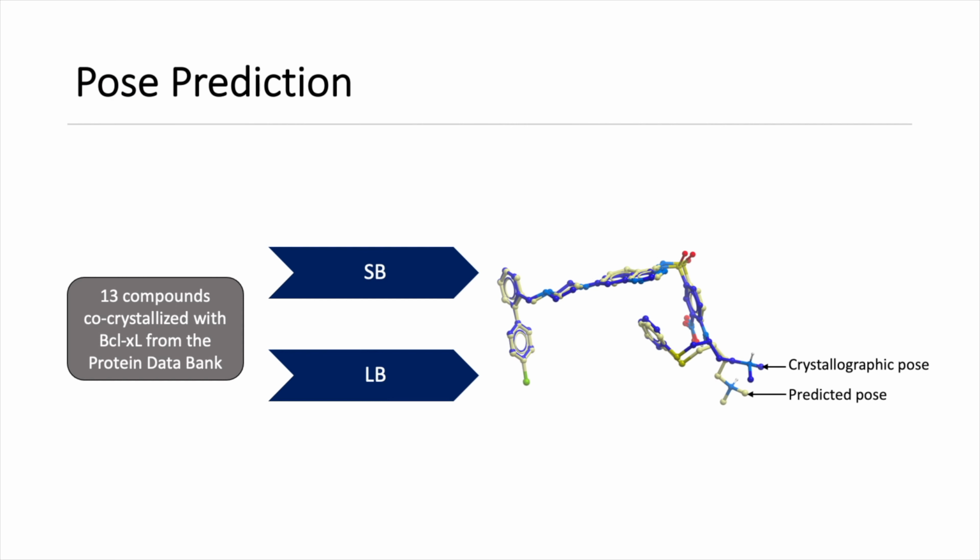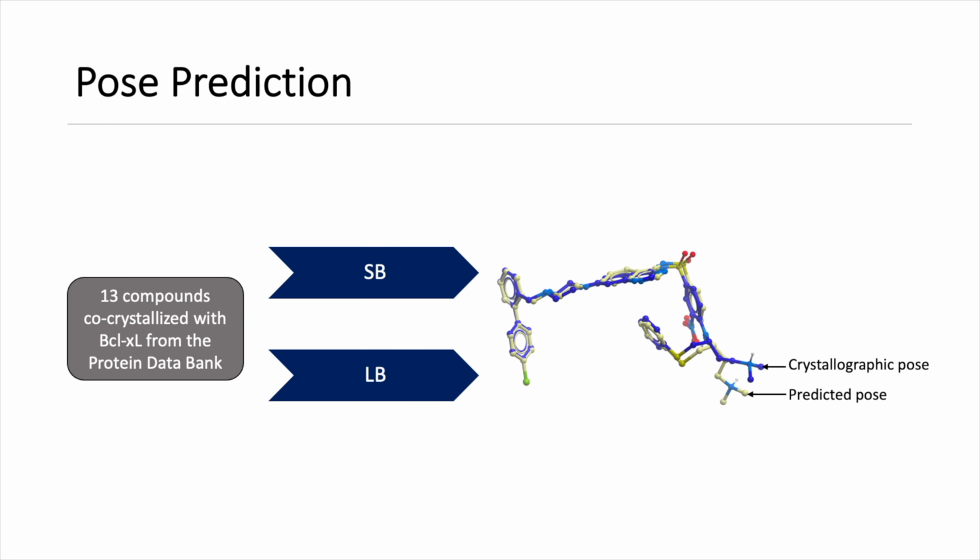The first piece of information, binding pose, was used to assess pose prediction. 13 compounds with experimentally derived crystal structures available on the Protein Data Bank were obtained and screened by docking to Bcl-xL or by pharmacophore similarity to ABT-737 as the template.